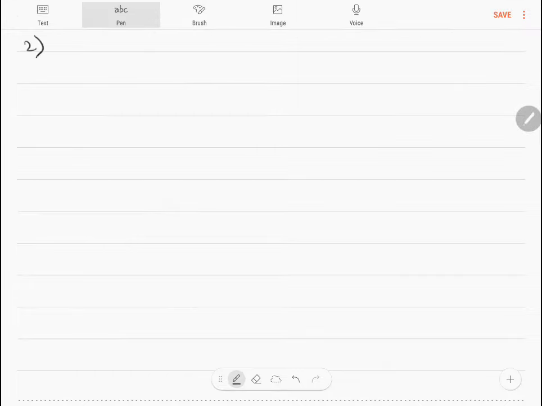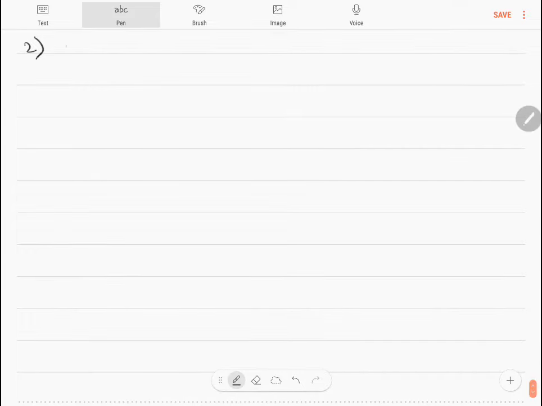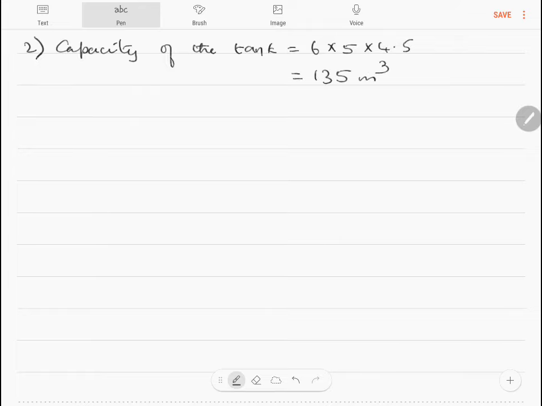Question number 2. A cuboidal water tank is 6 meter long, 5 meter wide and 4.5 meter deep. How many liters of water can it hold? Capacity of the tank is equal to 6 into 5 into 4.5, which is equal to 135 meter cube.